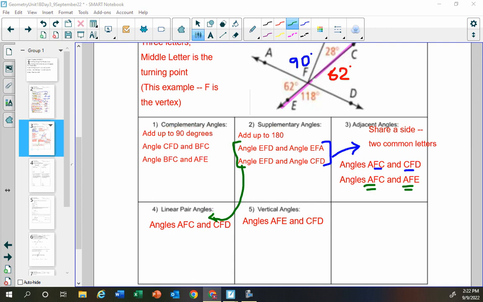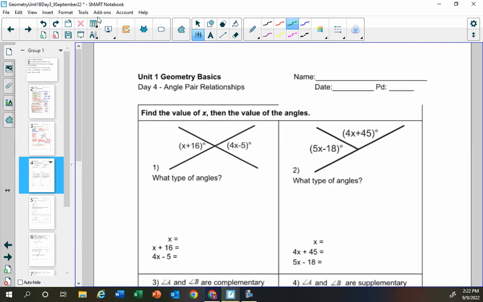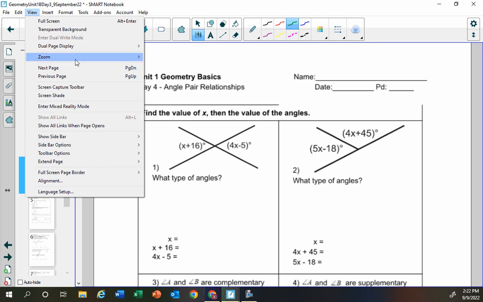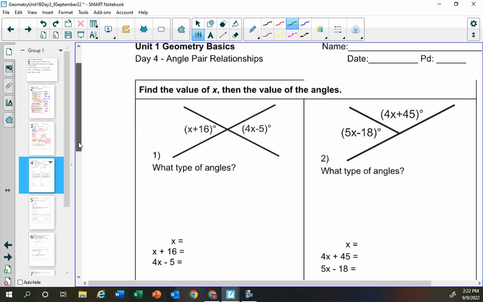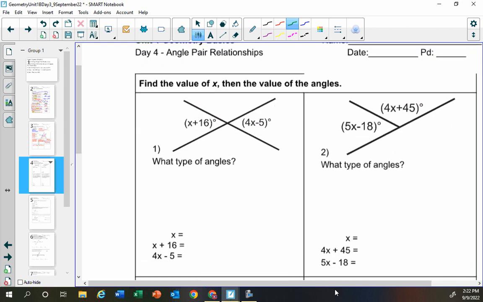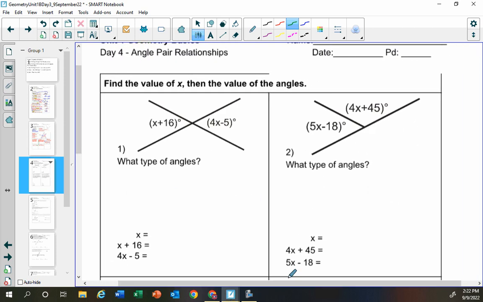All right, so here we go. Let's look at this first one. Okay, heads up, everybody, get ready. Cindy, you too. Let's look at this diagram right here. First off, we need to ask ourselves the relationship.